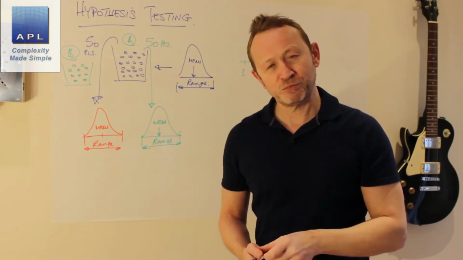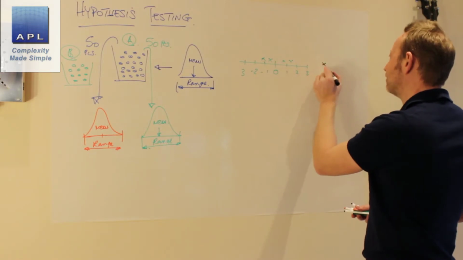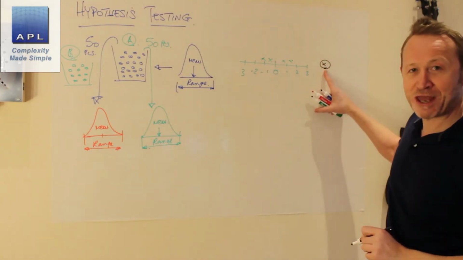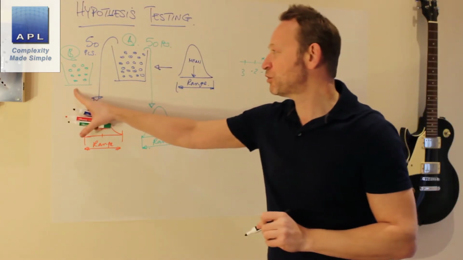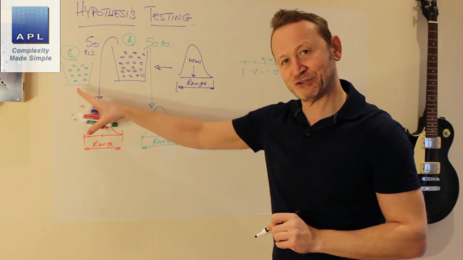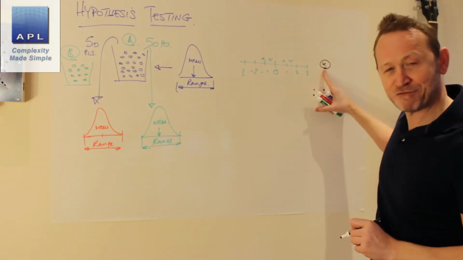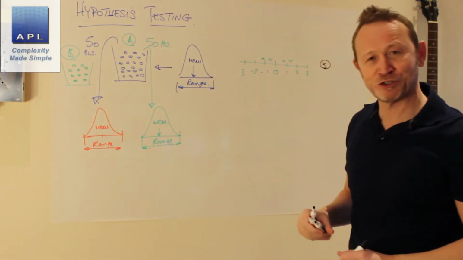But of course it could be that when we do this, we get a very extreme value. Now this would be a very, very rare result. So imagine you've put new settings in the process, then what you've seen is a very rare difference between the red and the green distribution.